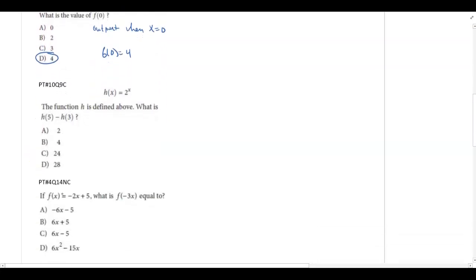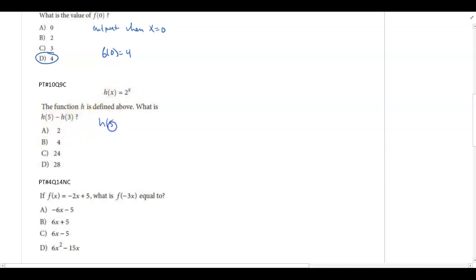Okay? Now the next one, the function h is defined above. What is h of 5 minus h of 3? Well, what it basically tells you to do is evaluate this function when x is 5, you evaluate the function when x is 3, and then subtract the two.